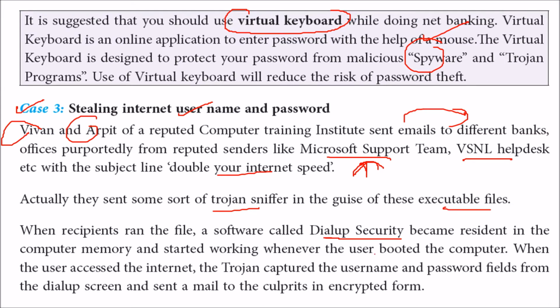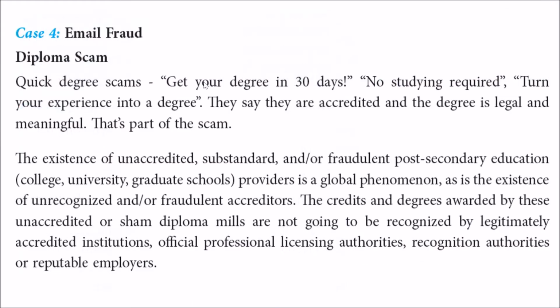And when it is resident, it works when the computer is booted. So when the user accessed the internet, the Trojan captured the username and password fields from the screen and sent the mail to the culprits, or the people like Vivan and Arpit, in encrypted form. So this can also happen.